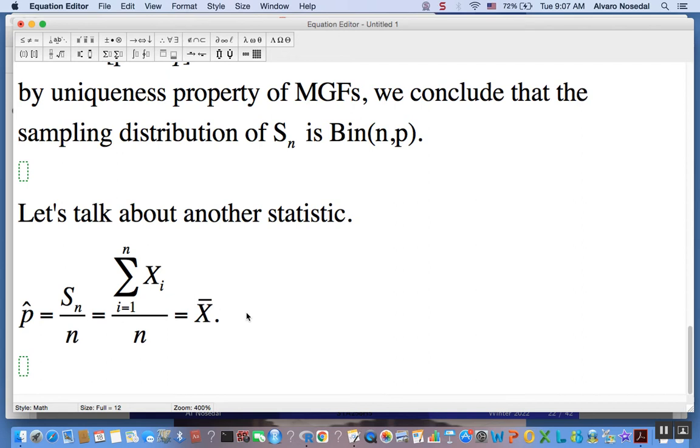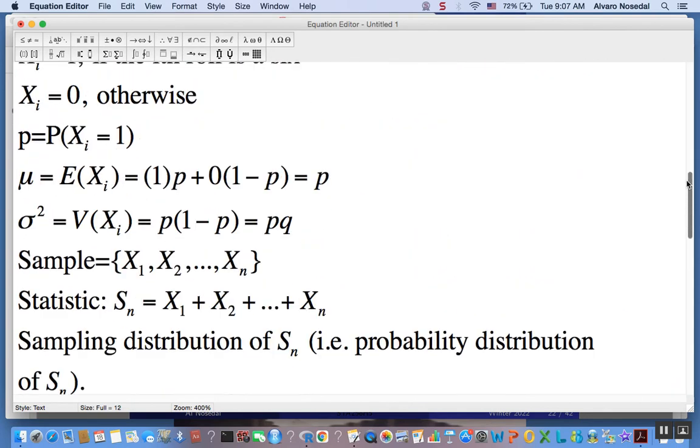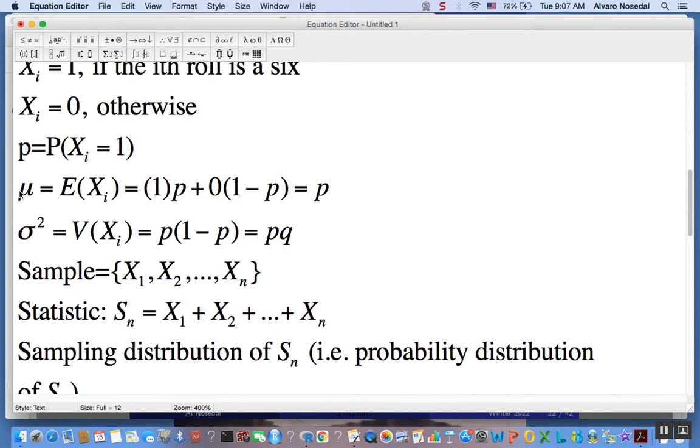Why is this important? So recall that the expected value of Bernoulli is p. Let me copy paste this.